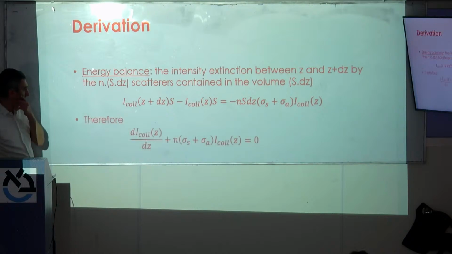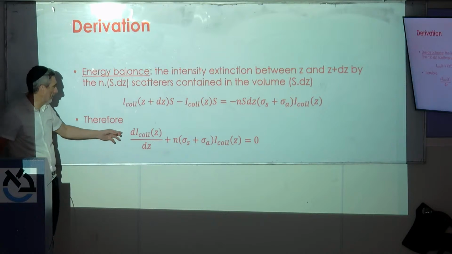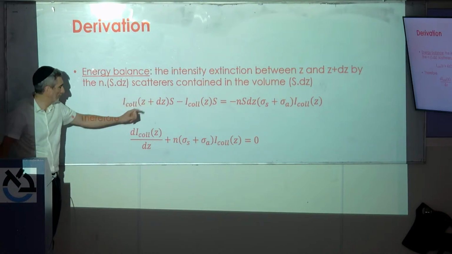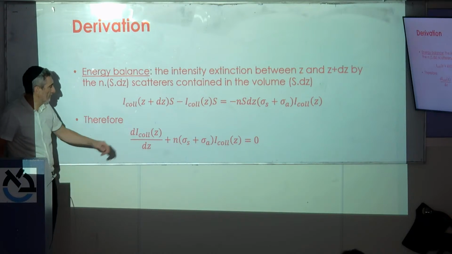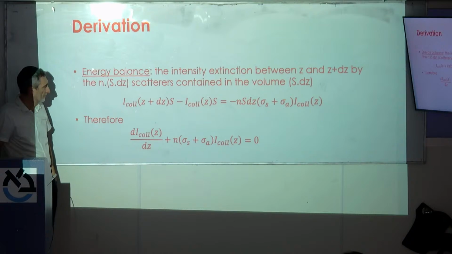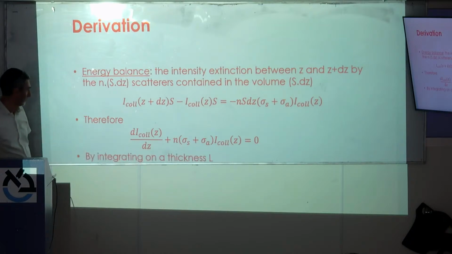You can rewrite it like that: dI over dz is minus n times sigma s plus sigma a times I, and you just integrate that. By integrating over the thickness L, you get simply I equals I0 times exponential of minus n times sigma s plus sigma a times L.